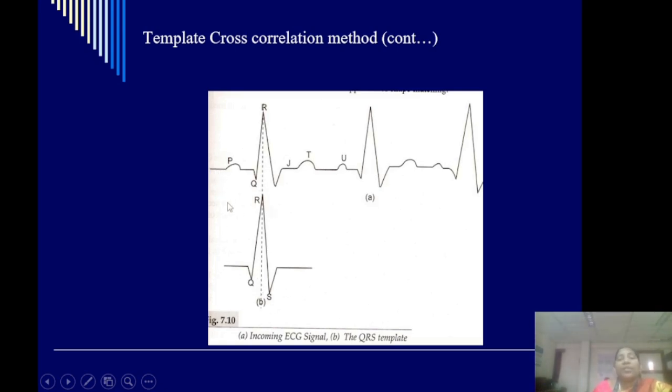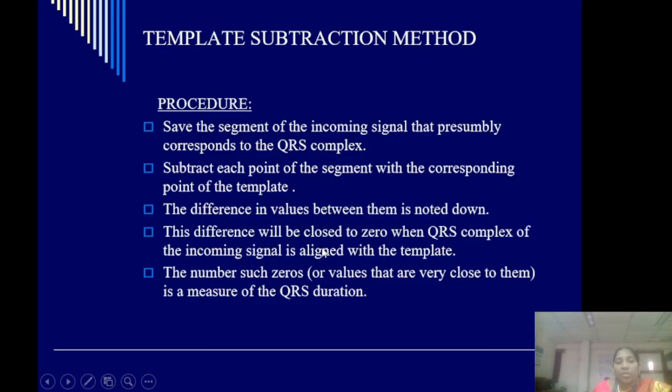So when you multiply and perform the cross correlation, it doesn't match. Then the template is moved over the P wave, and the correlation coefficient is definitely not near +1. Now the template is moved over the QRS complex. When exactly the template is placed over the QRS complex, it matches, so we get the correlation coefficient as +1. That indicates that the signal and the template exactly match. Like that the process is repeated in the template cross correlation method.